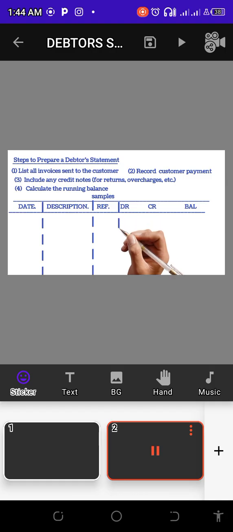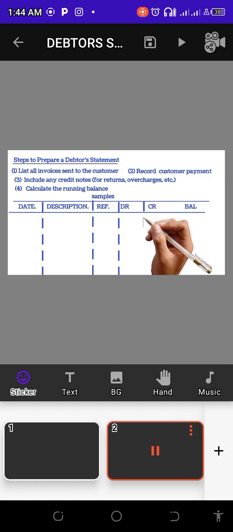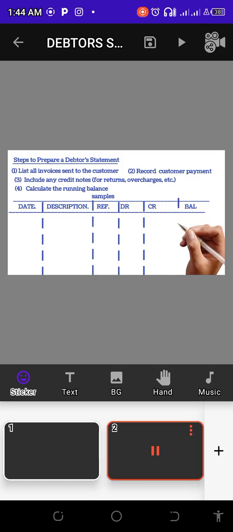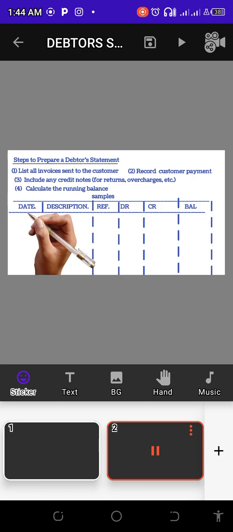The reference number is the reference number of the source document. Now this is a debtor account. Anything that will increase it, like invoices or goods supplied, will be recorded at the debit side, and anything that will reduce it, like payments or credit notes, will be recorded on the credit side. And you take the balance in the last column.